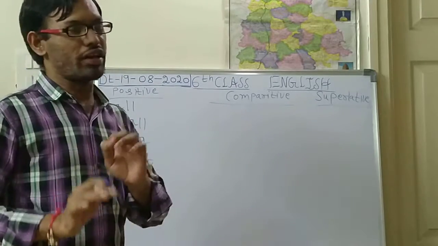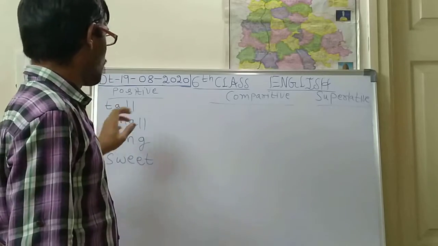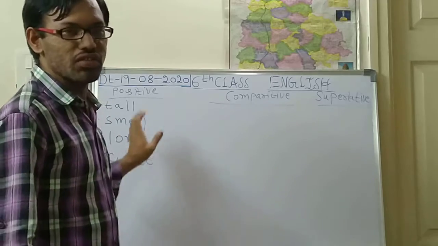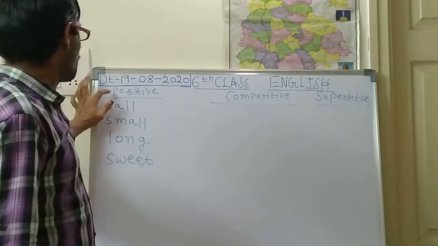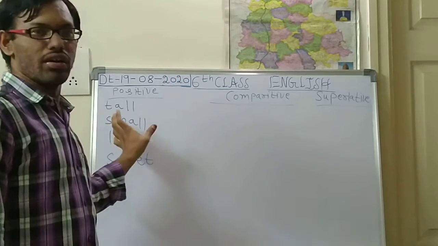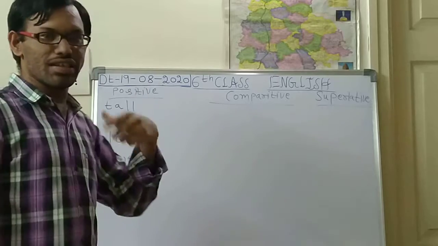I think you have written those words very easily. We shall recheck the answers of these four words now. Positive means a single word, having a single syllable. Syllable means a single sound.